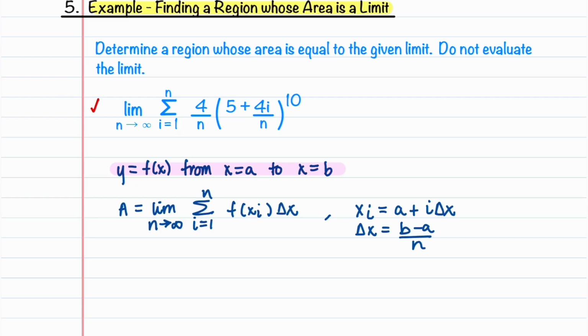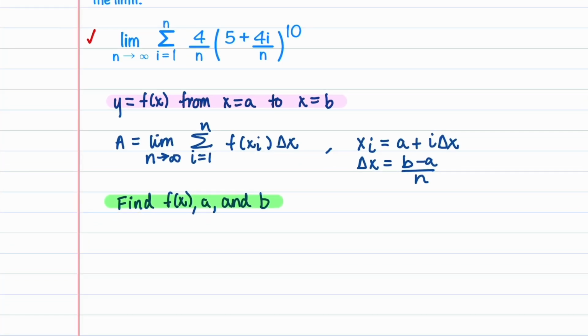That means that we need to find f of x, a, and b. To find all three of these, we are going to compare f of x sub i delta x, that's right here, to what we've been given, which is right here.